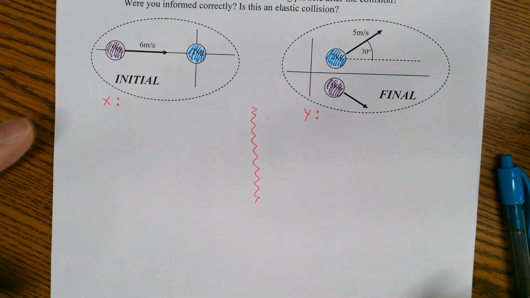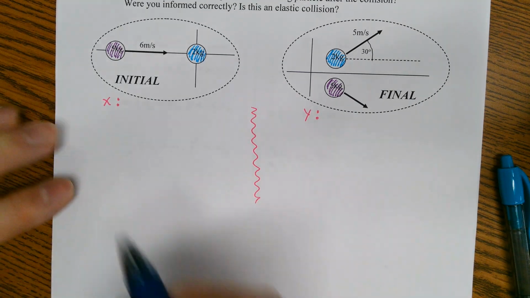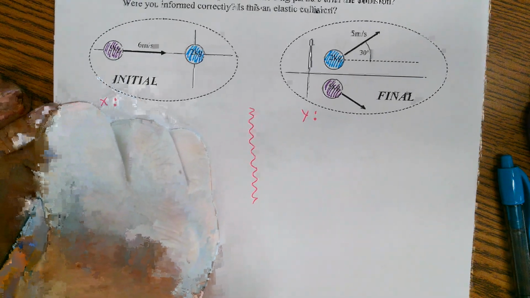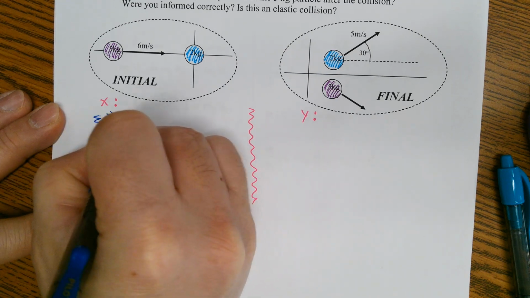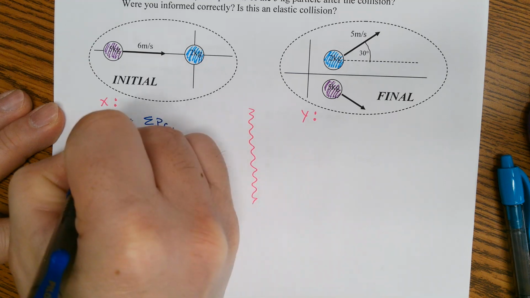So here, in the x direction, the sum of all momentum initial in the x direction must equal the sum of all momentum final in the x direction.